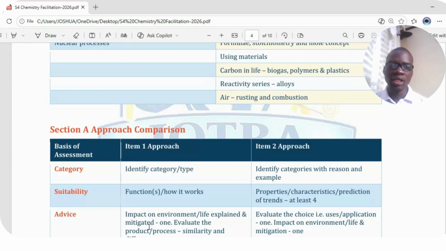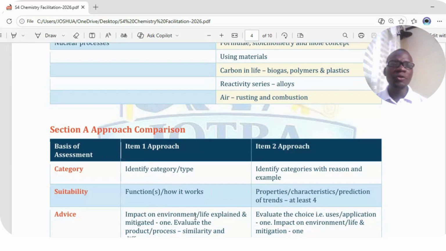Always give us one. Then after giving us the impact explanation and mitigation, go on and evaluate for us by giving us the similarity and then the difference. That is how you're supposed to handle this part. That is the item 1 approach.